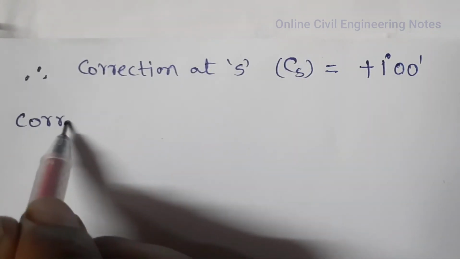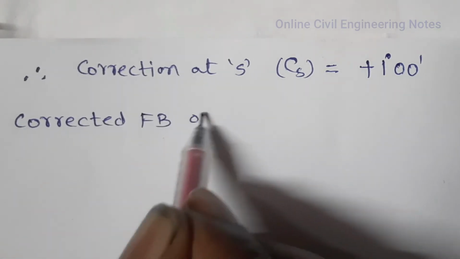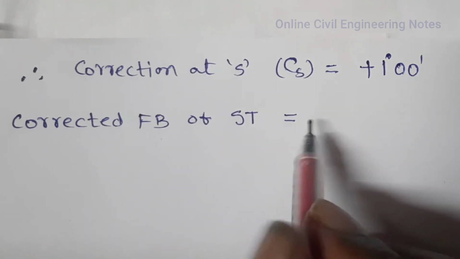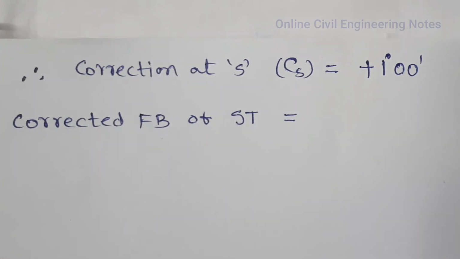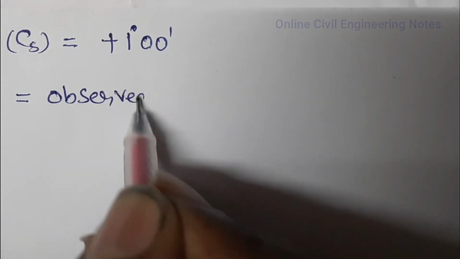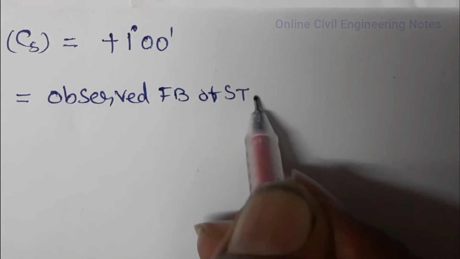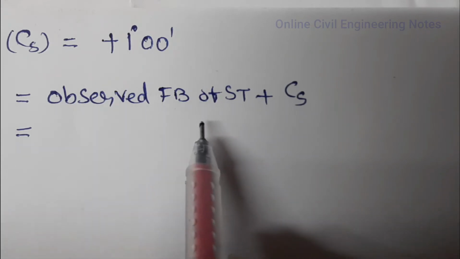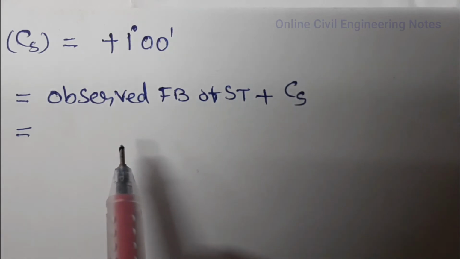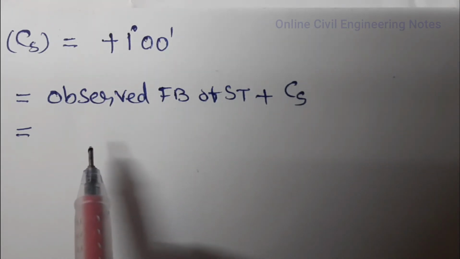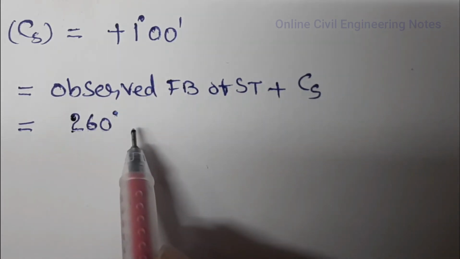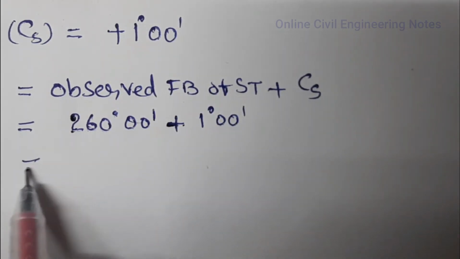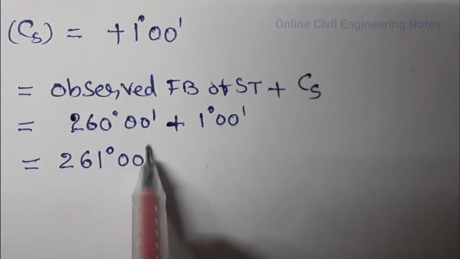Now calculate the corrected fore bearing of next line, that is ST, which is equal to observed fore bearing of ST plus correction at S. In the table, we know the observed fore bearing of ST is 260 degrees plus correction 1 degree, which is equal to 261 degrees.